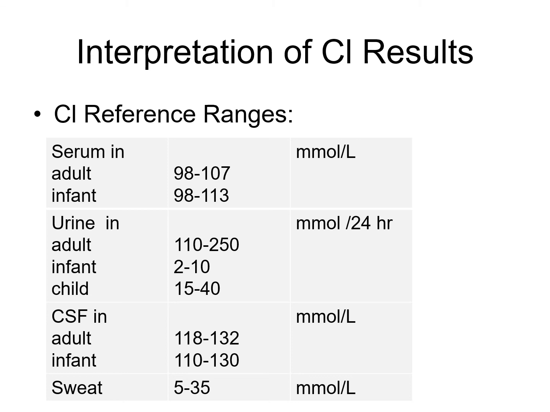In a child, much lesser, 2 to 10 and 15 to 40 respectively. CSF we can also measure, about 118 to 132, slightly higher than in the serum level. Infant is again 110 to 130, a little higher than in the serum level, and in sweat, that's about 5 to 35 millimoles per liter.